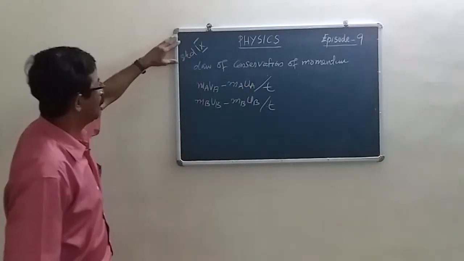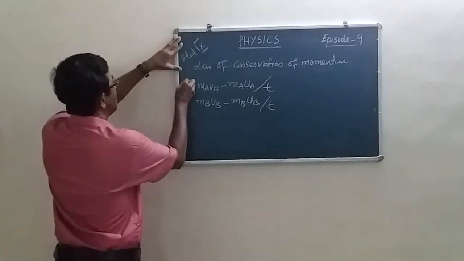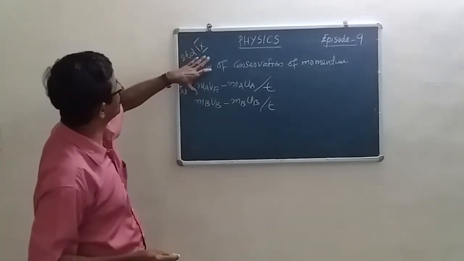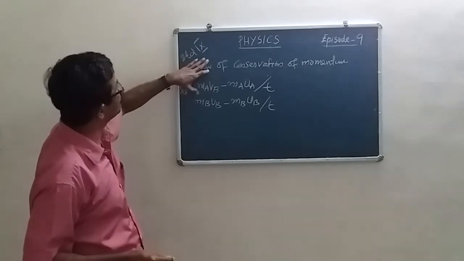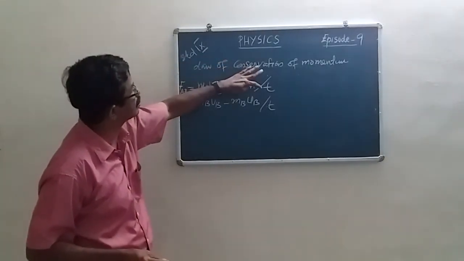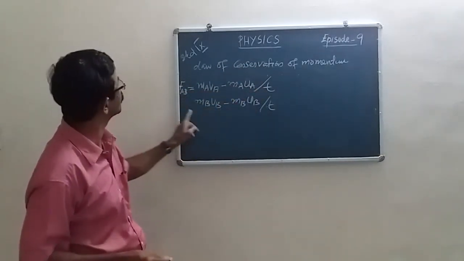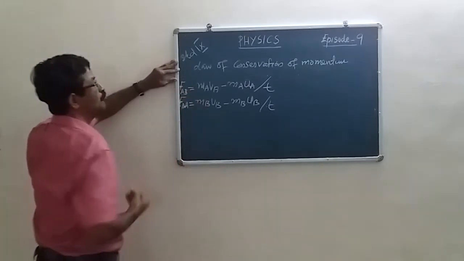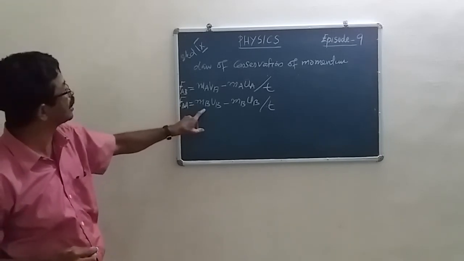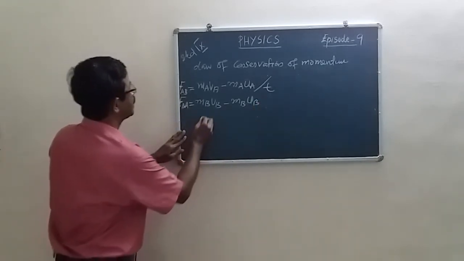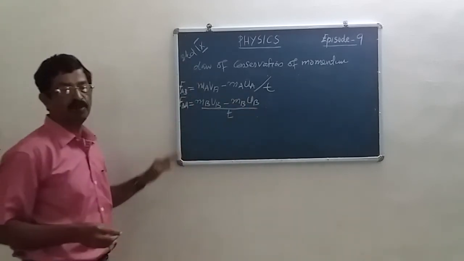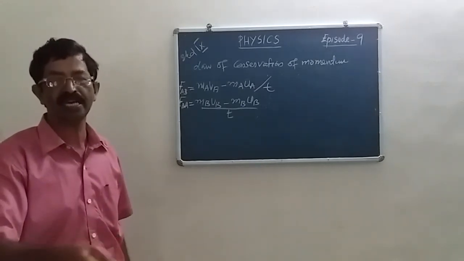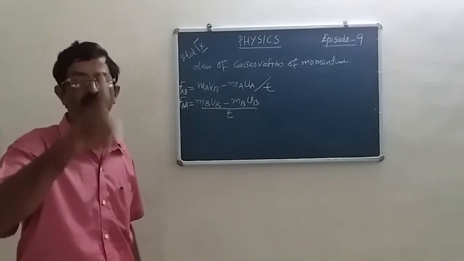So the force acting, that means the force of A on B, FAB, is equal to the rate of change of momentum, MA VA minus MA UA, whole divided by T. Here also the force exerted by B on A is equal to MB VB minus MB UB, whole divided by T. We know by Newton's third law, the force exerted by A on B is equal to the force exerted by B on A. They are equal but opposite.